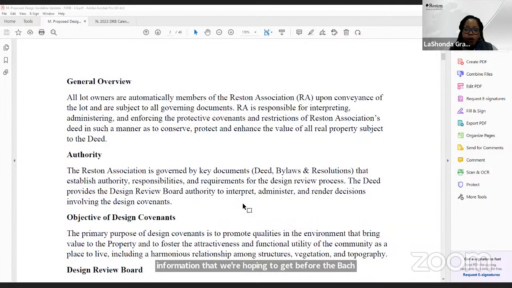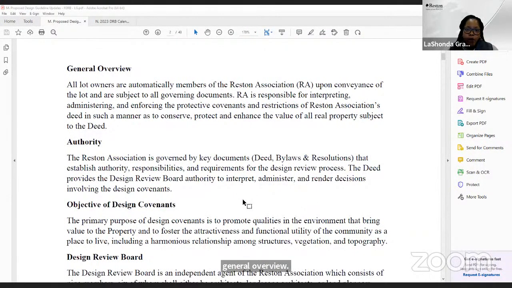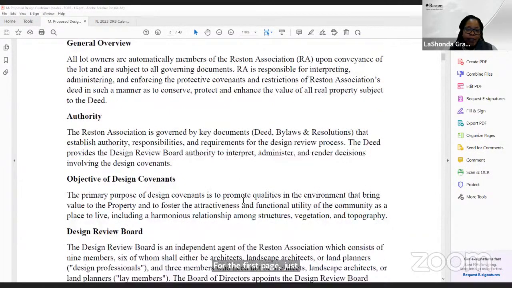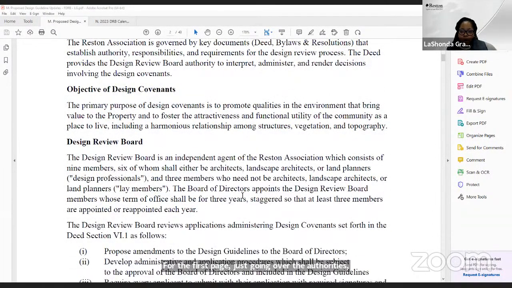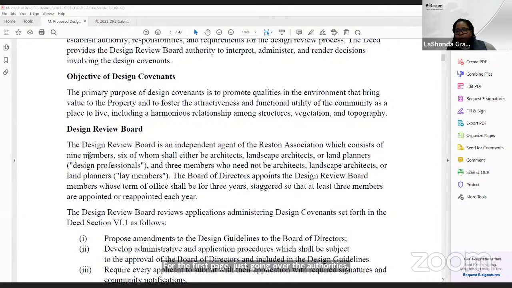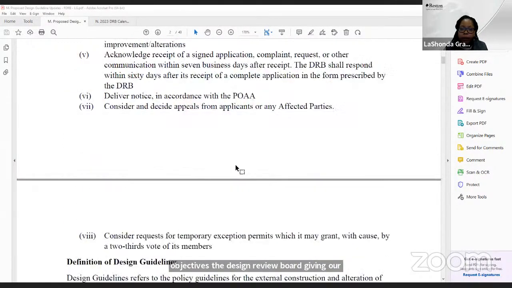So for our general overview, the first page just goes over authorities, objectives, and the design review board, giving our homeowners an idea of what our board does.